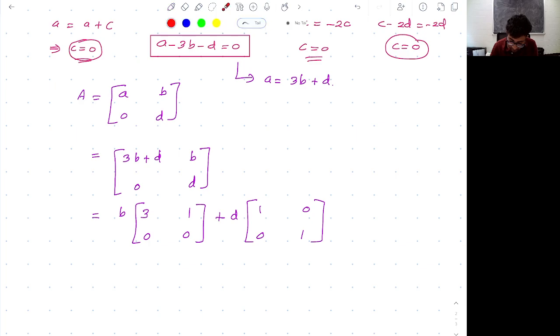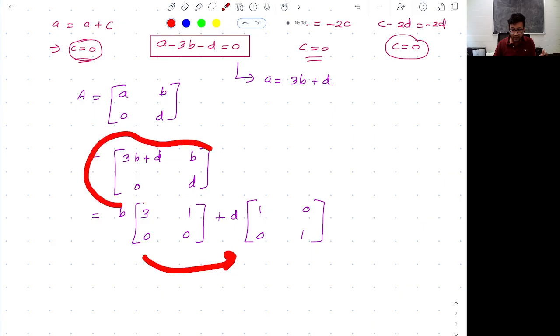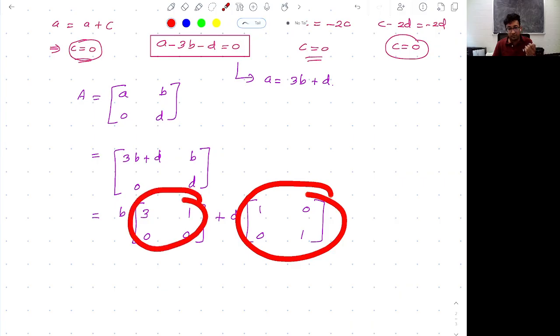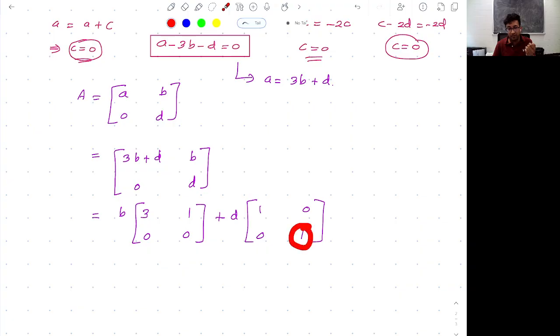Okay, I can decompose this matrix into two parts, right? So once I simplify these two, I would get back this matrix, right? Because I get 3B plus D, and I get B times 1, which is B, and I get D. Okay, so if you look at these two matrices, you cannot construct the second matrix by using the first matrix, right? Because of this entry 1.